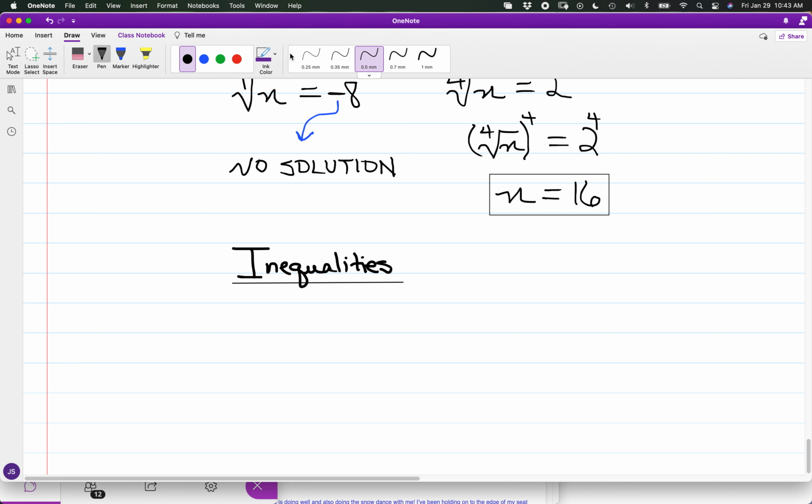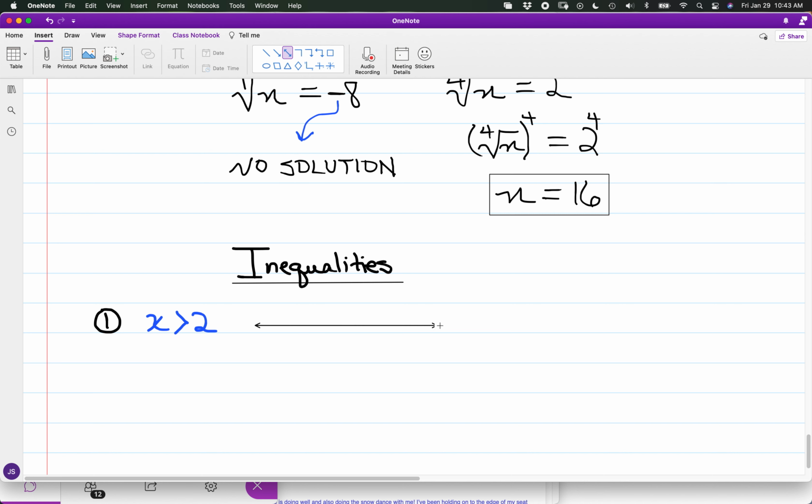Starting from here and going out, you'll have what is referred to as interval notation, and I'll give you some examples of inequalities. Let's say we have that x is greater than 2.